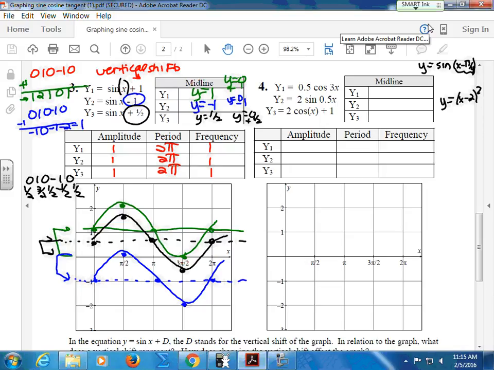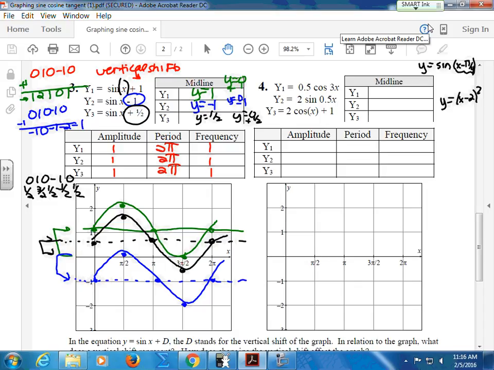We looked at a very small one the other day, just like x minus pi or x minus pi over 2. It's a horizontal shift, but in trig we call it a phase shift, because even though your curves are endless, it actually changes where we start the curve.